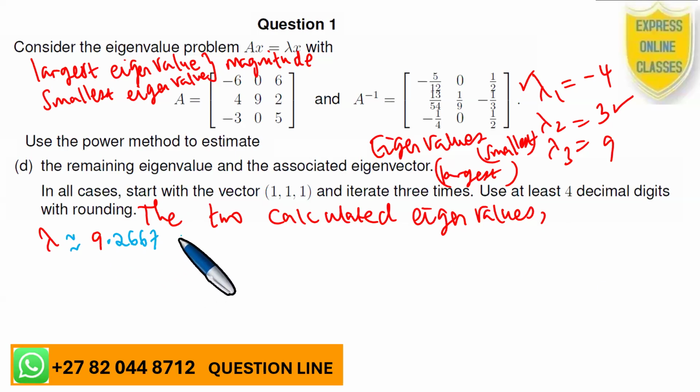And lambda 1 and lambda 2, 2.4. So these were the two.